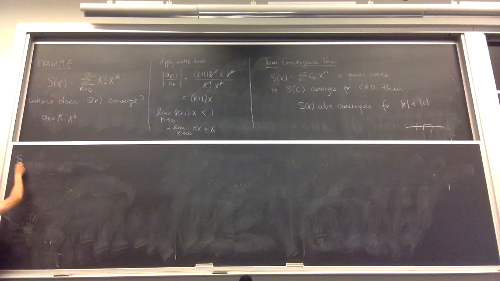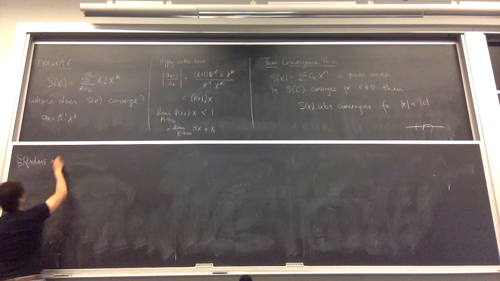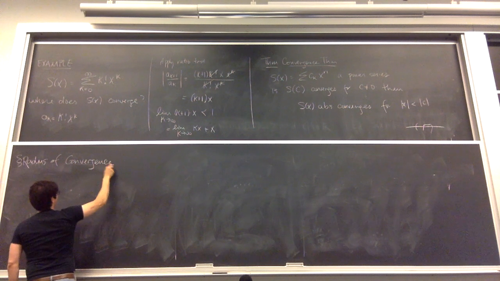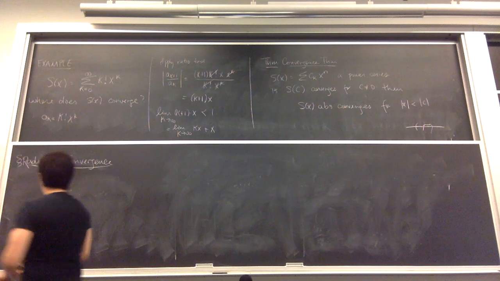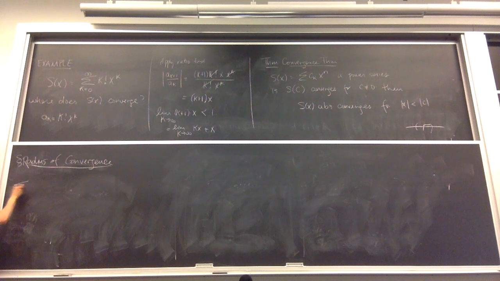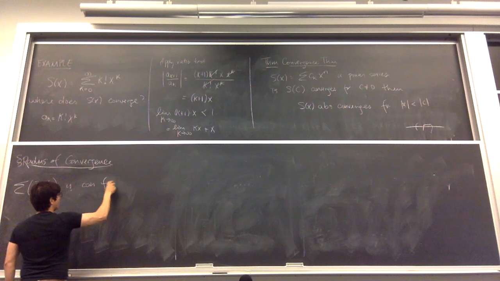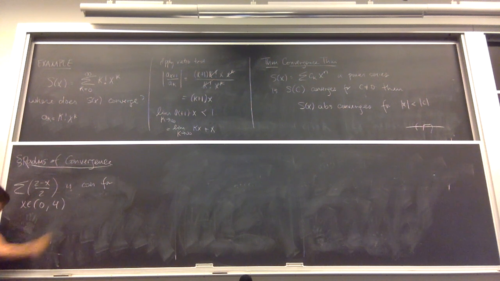Now I just want to specify what I mean by radius of convergence. We've already talked about it a bit, so I'm just going to borrow our old example. We determined that this is convergent for x in here from 0 to 4.